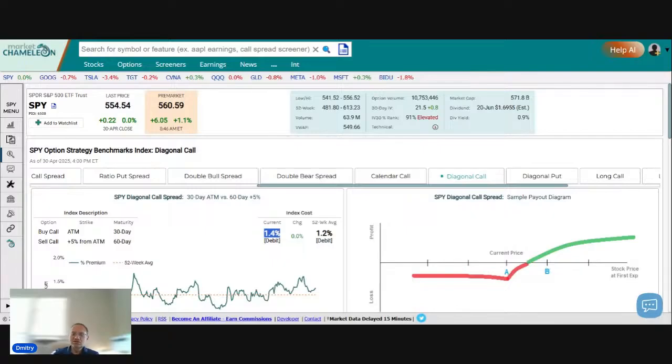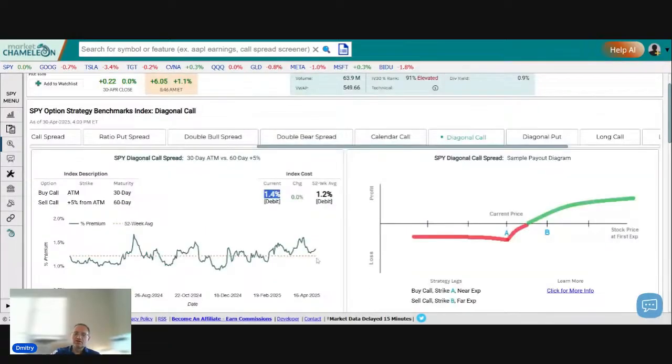And we could see down here, this is a graph of the cost of that strategy. The dotted line is the average of all the observations, going back a year. We could see that it's gotten as high as 1.7, 1.2, as low as down here, looks like 1%, maybe a little bit below 1%, 0.9.